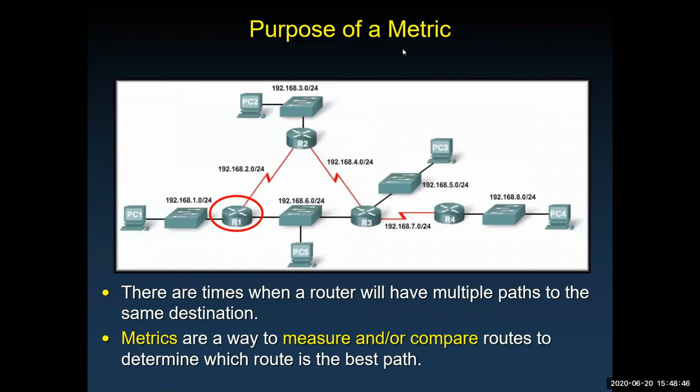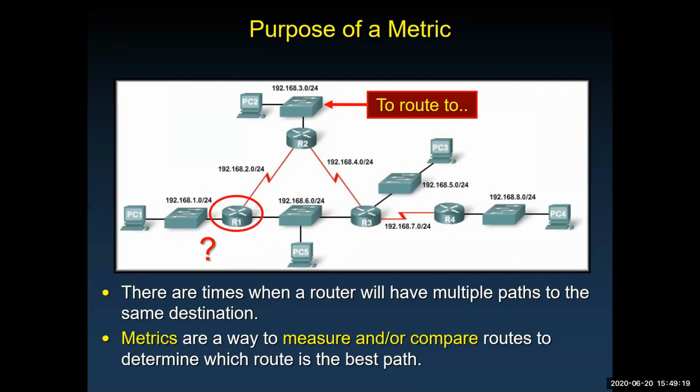Purpose of the metric: there are times when a router will have multiple paths to the same destination. Let's say from router 1 going to PC2. There are two routes: R1 to R2 to reach PC2, and another route, R1 to R3 to R2 to PC2. Which is the longest route? More hops: R1, R3, R2. Which is the short hop?